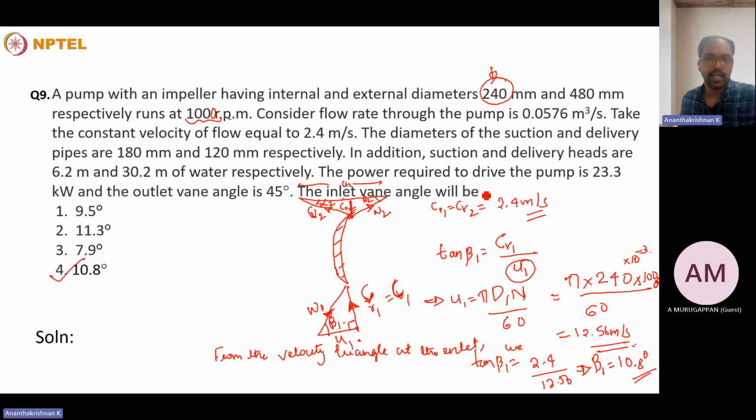The suction and delivery heads are 6.2 and 30.2 meters of water respectively. The power required to drive the pump is 23.3 kilowatt and the outlet vane angle is 45 degree. We need to calculate the overall efficiency in this case, in the second case, that is the 10th problem.